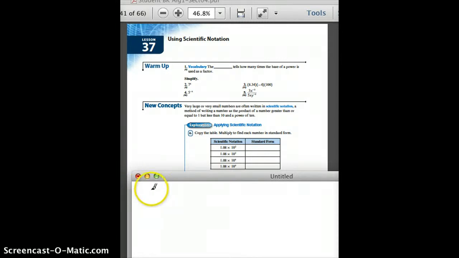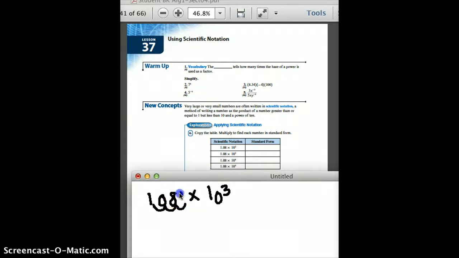So we have 1.08 times 10 to the third power. Okay, again, a simple way to think about it is taking this decimal here and moving it how many spaces? 3. 1, 2, 3. Guess what goes here where there's no space?